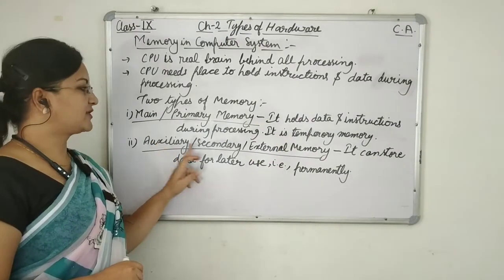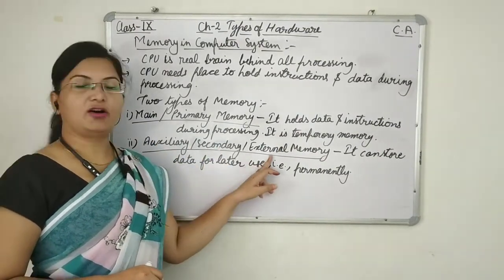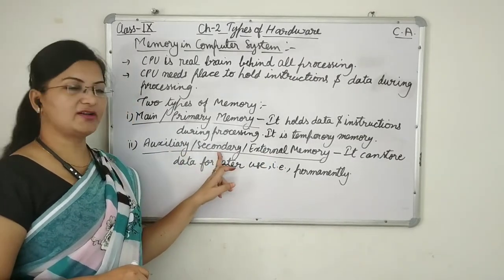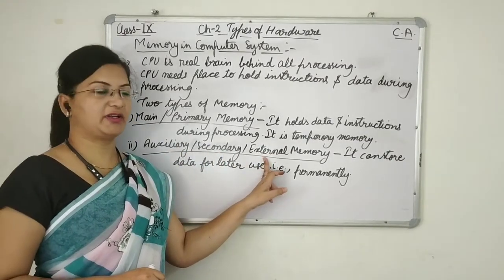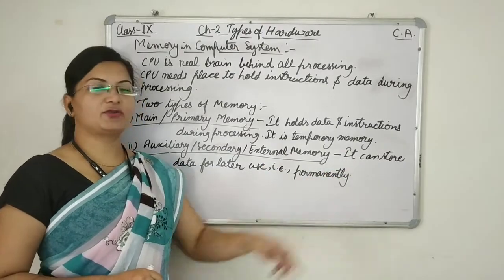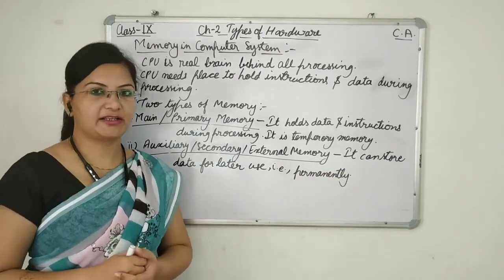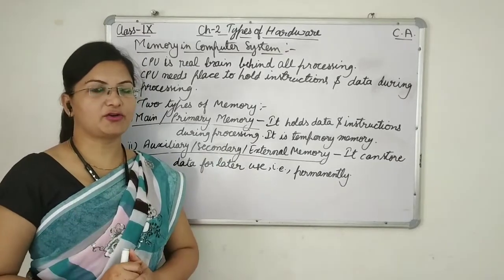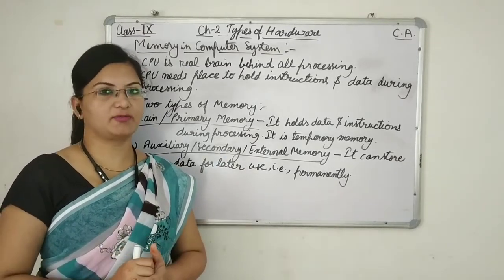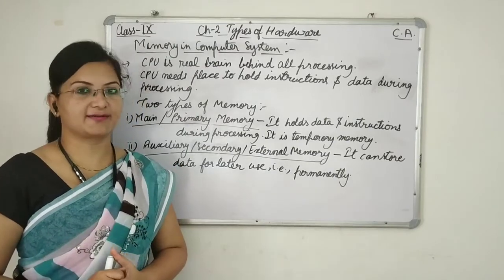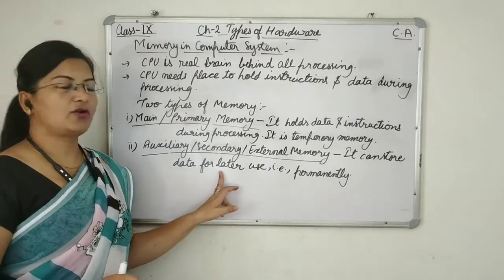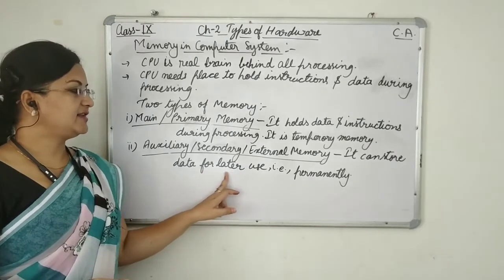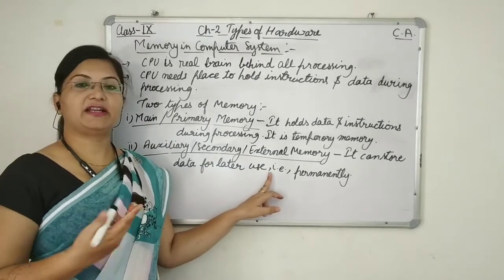Now the second is auxiliary, secondary or external memory. It will store data permanently. That means once we have processed the data, once we have prepared the document, if we want to store it on our computer, it will be stored in the hard disk, or wherever we want, like a pen drive, CD, DVD, etc. And these files can be used later on.